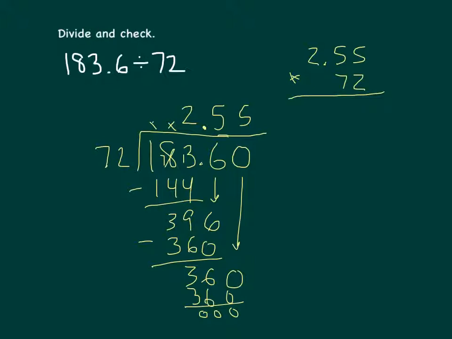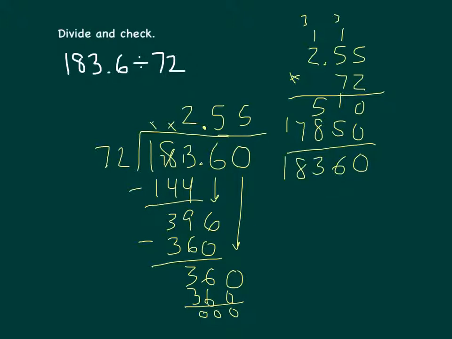For a moment, I'm going to forget about this decimal and treat it as 255 times 72, which will give me an answer that's 100 times too big. So I need to make my answer 100 times smaller. And I do in fact check. It matches my original dividend.